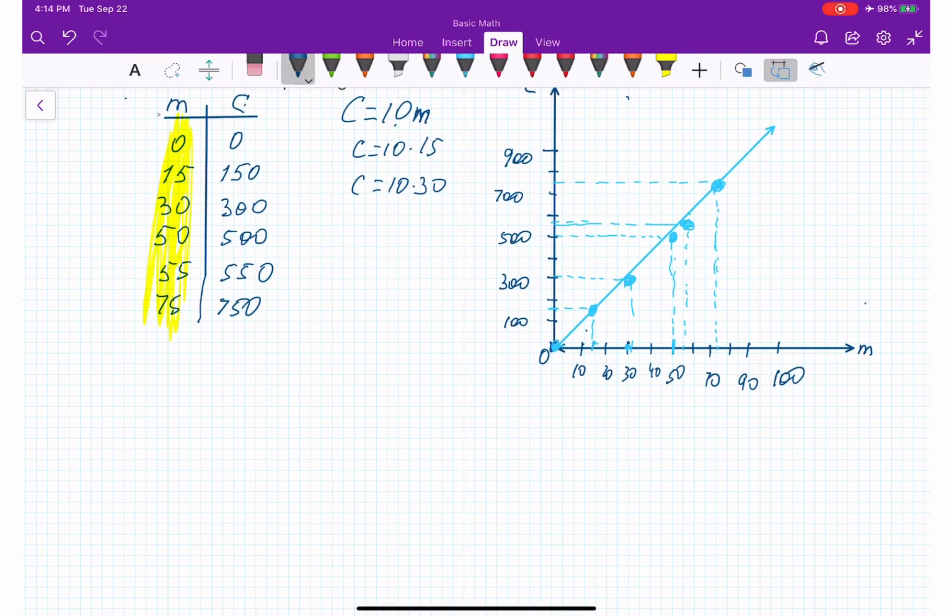Okay, next one, number 11. Question number 11. Graphing equation. 8 plus 5x equals 7x.